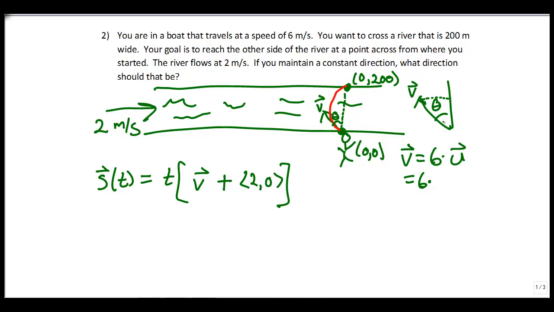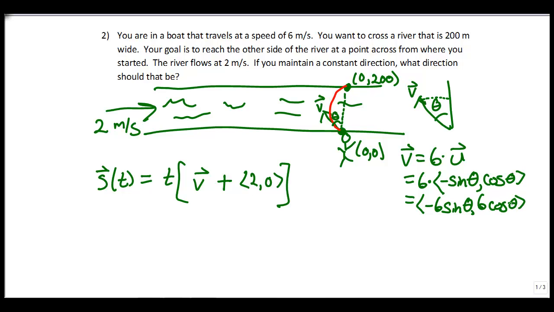If this was 1 here, in this direction, cosine of theta would be the vertical part, and the horizontal part would be negative sine theta. So really, this distance would be sine theta, but it's going in the negative x direction. And so our v then should be negative 6 sine theta, comma 6 cosine of theta.